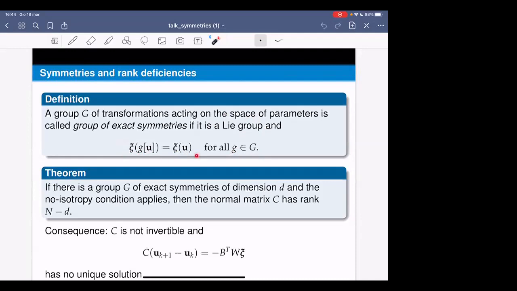So this means basically that every element of the group does not change the residual.